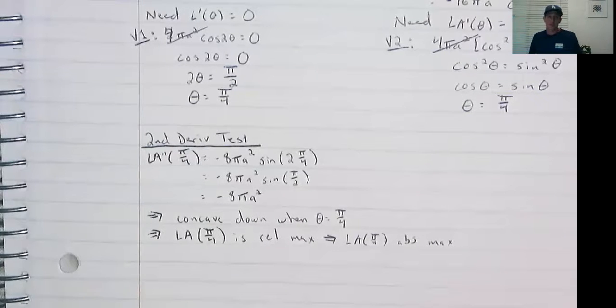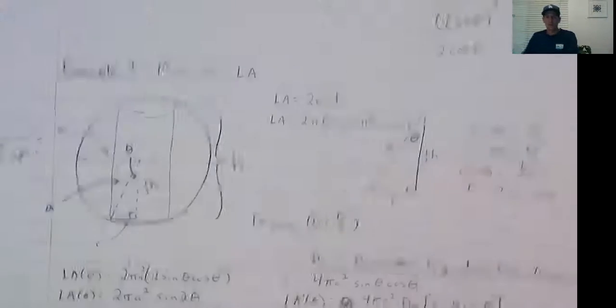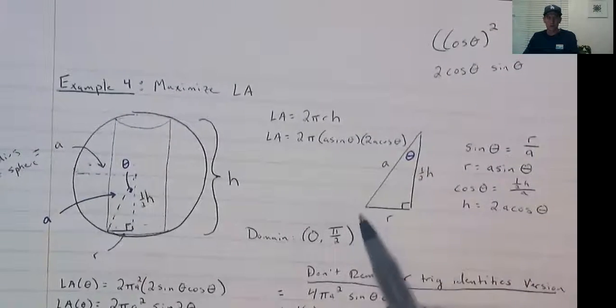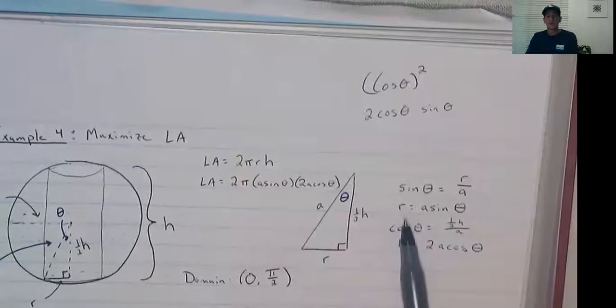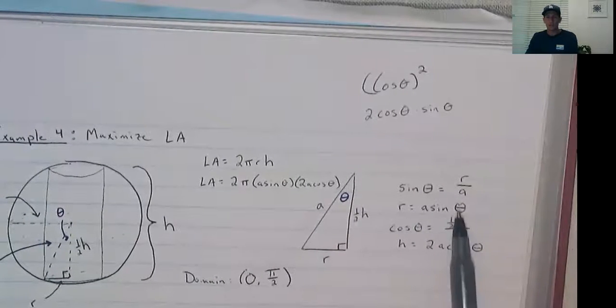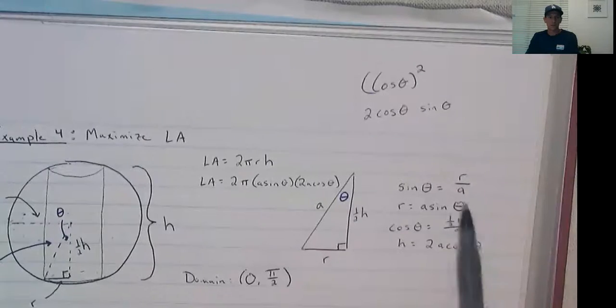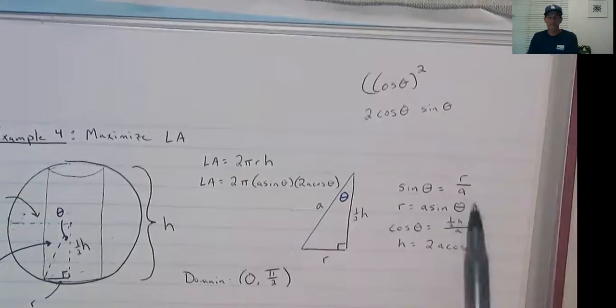What we need to do is take this angle, because that angle has really not much to do with the dimensions of our cylinder, except for the fact that it does if we go back to this triangle and realize that we do have a definition of our radius and our height based on exactly that angle.